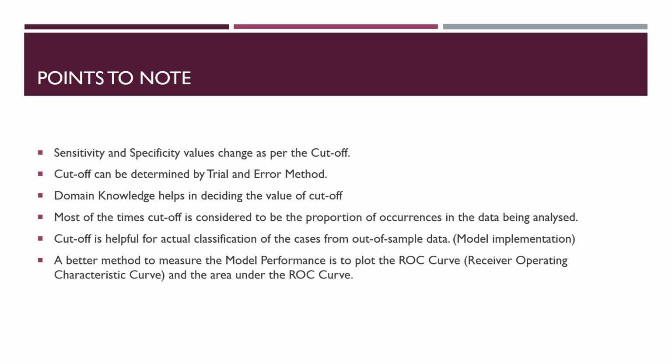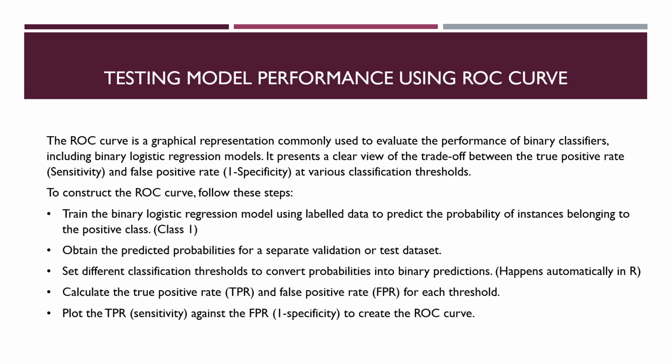A better method to measure the model performance though is to plot the ROC curve or the receiver operating characteristic curve and also the area under the ROC curve. Let us see how to judge the model performance using ROC curve.